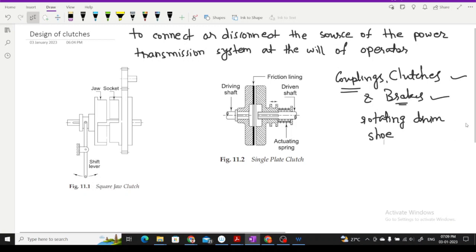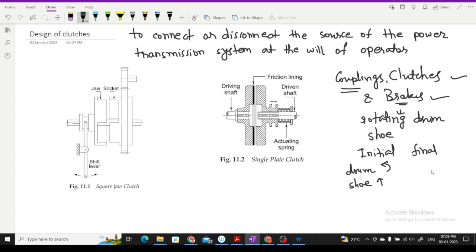In case of this brake, initially this drum is having rotatory motion, while this shoe is stationary. After application of brake, in the final state, both drum and shoe are standstill.